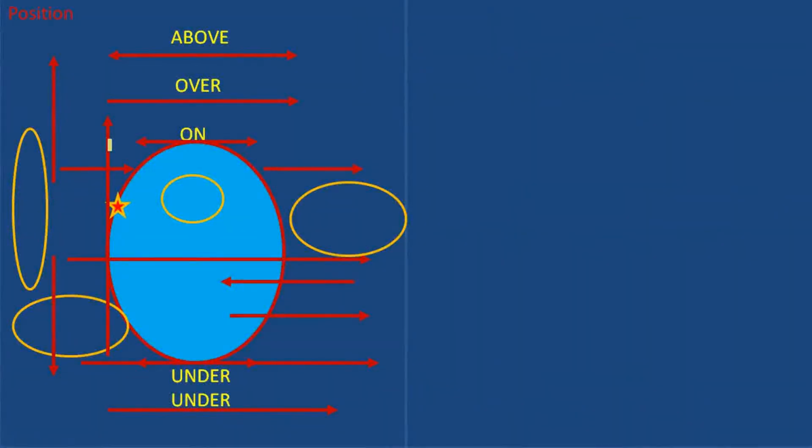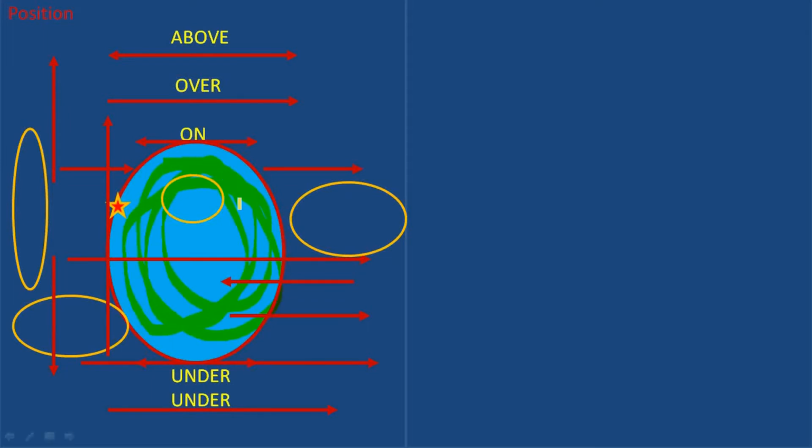Okay. Now we will discuss the position, when its position is changing, the preposition also changes according to position. So here I take this big circle as a standard. I will discuss the position taking it as standard.